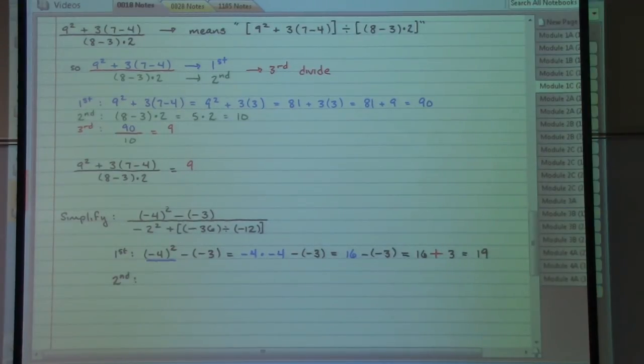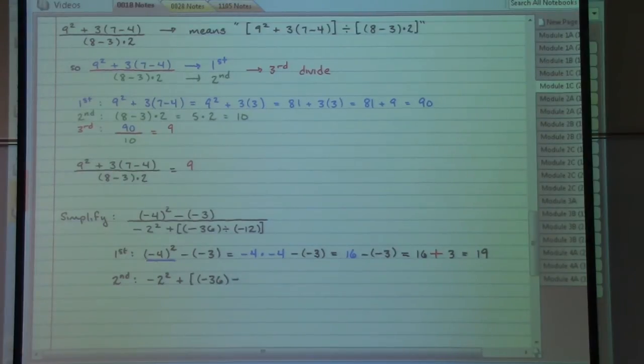the second part of our plan of attack, which is what is going on with the calculations underneath of our division bar.